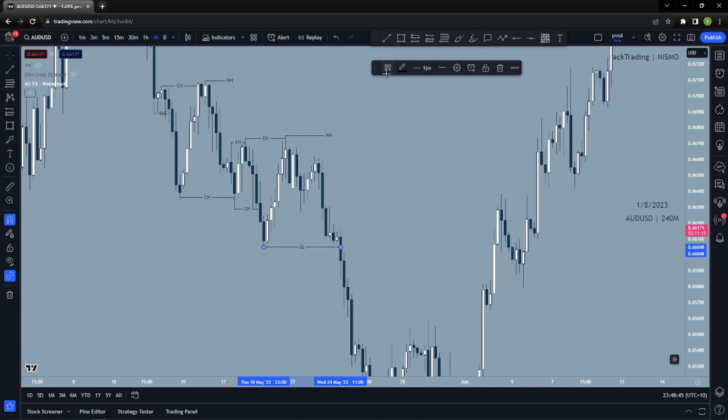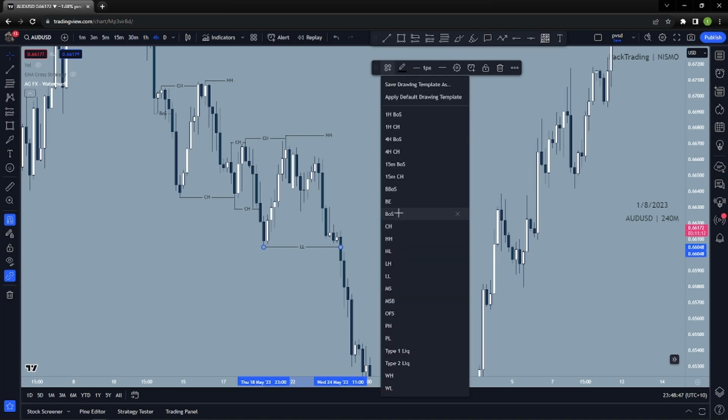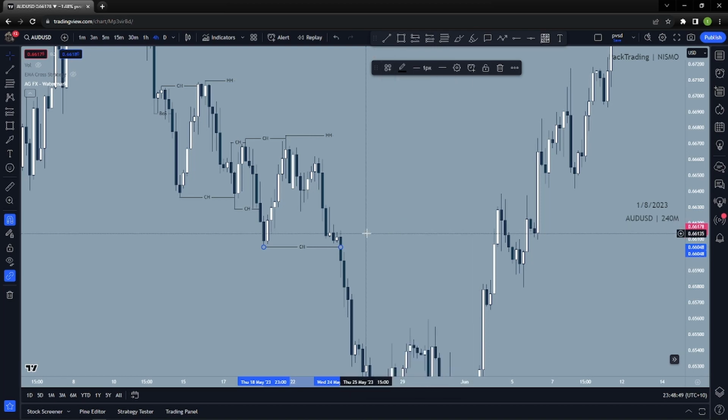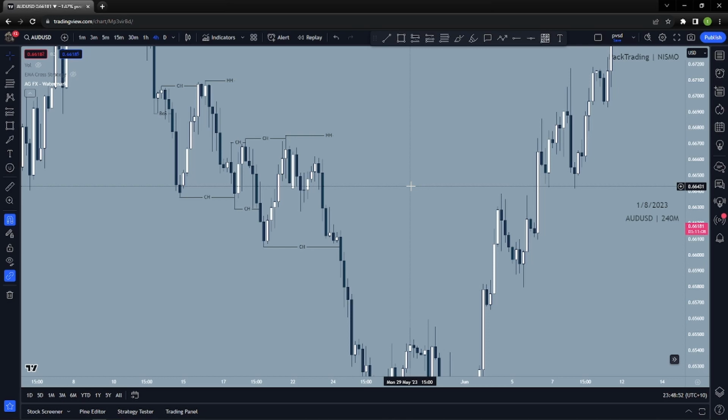Now we mark this as a choch. So see how it keeps flipping internal? That's why internal is less probable of having a high win rate. Because internal always shifts. It's not strong. It's not like high time frame swing. That's one thing you should learn.